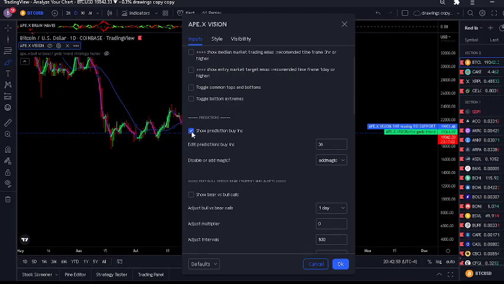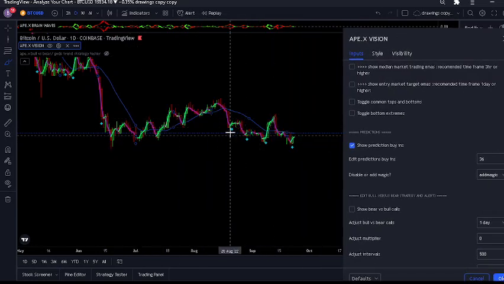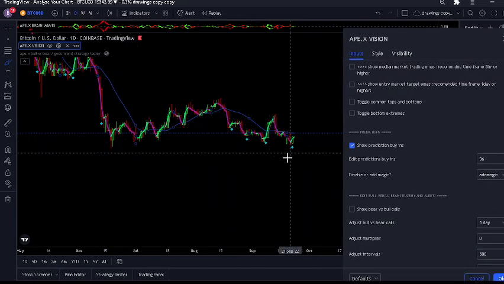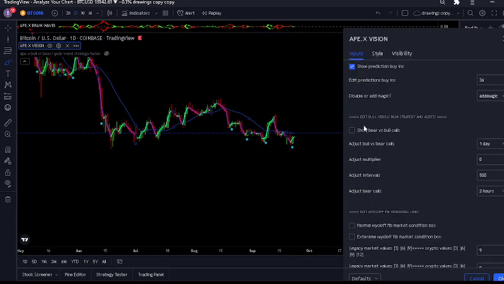Show prediction buy-in. So this would be where the algorithm for predictions is buying or predicting that the price could go up. It's not fully accurate, but it does a good job. Pretty good calls on any time frame.